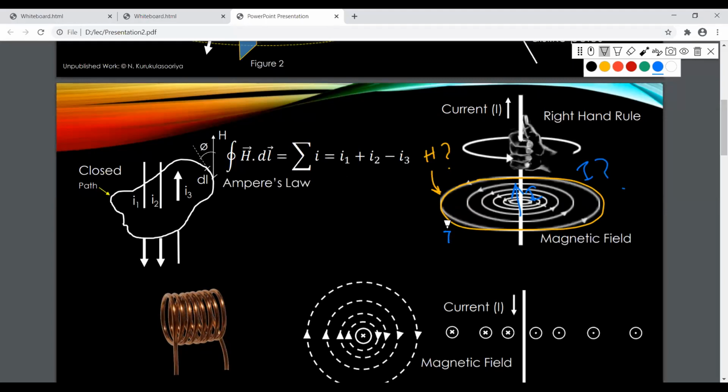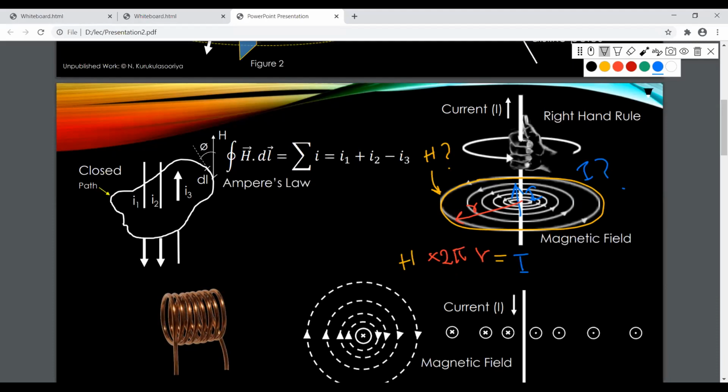In this case, it is 2 pi r. The length of this path is 2 pi r. So let me use a different color for that length. It's going to be 2 pi r, where this is the radius, right? When you multiply the length value by H, that is going to be equal to the total current actually.